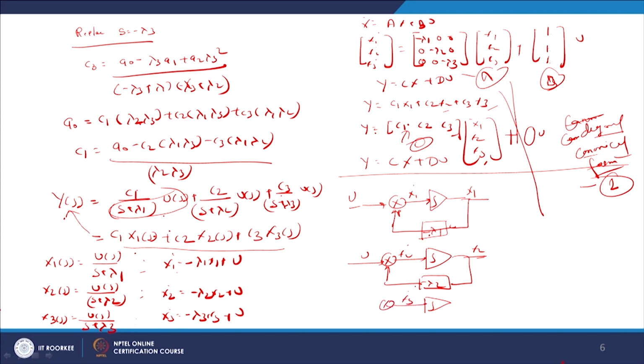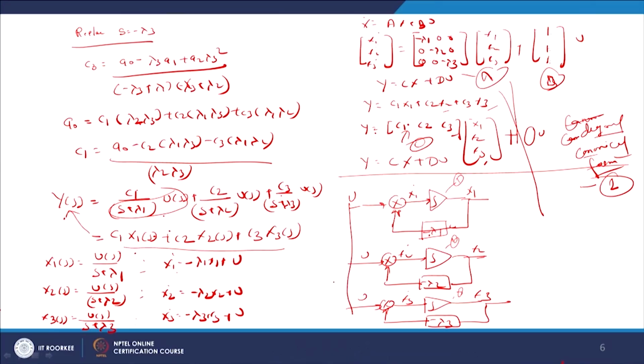Here x3 dot, here is x3, here is u, here is minus lambda 3, and we have connected it. So we have taken 3 integrators, integrator 1, integrator 2, integrator 3. u is common, so we can connect it. So finally this is u.